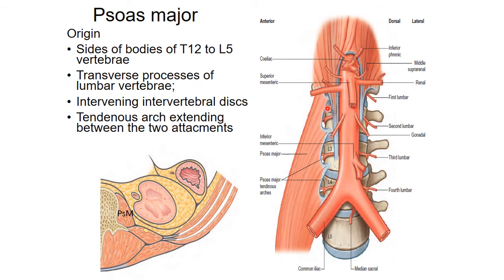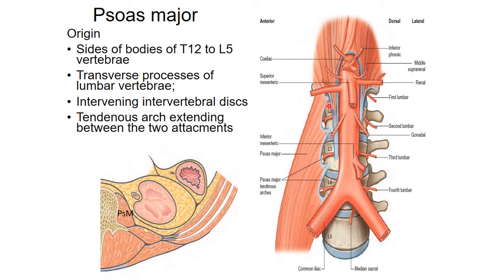Okay, so this attachment, here you can appreciate that this will be the body of vertebra. So sides of the body of vertebra from 12th thoracic to 5th lumbar vertebra. Then this is the part which is attached to the transverse process of the lumbar vertebrae. So all lumbar vertebrae, transverse process gives attachment on the anterior surface to the psoas major muscle.